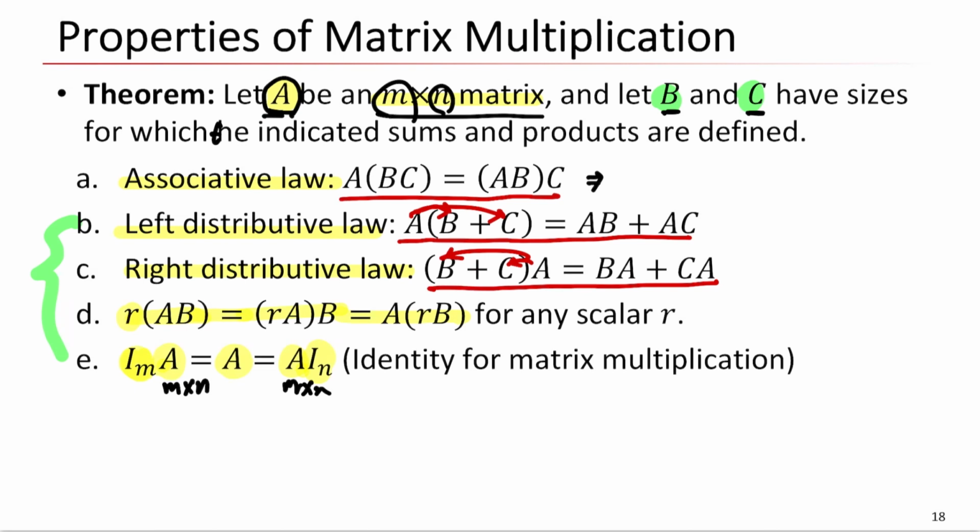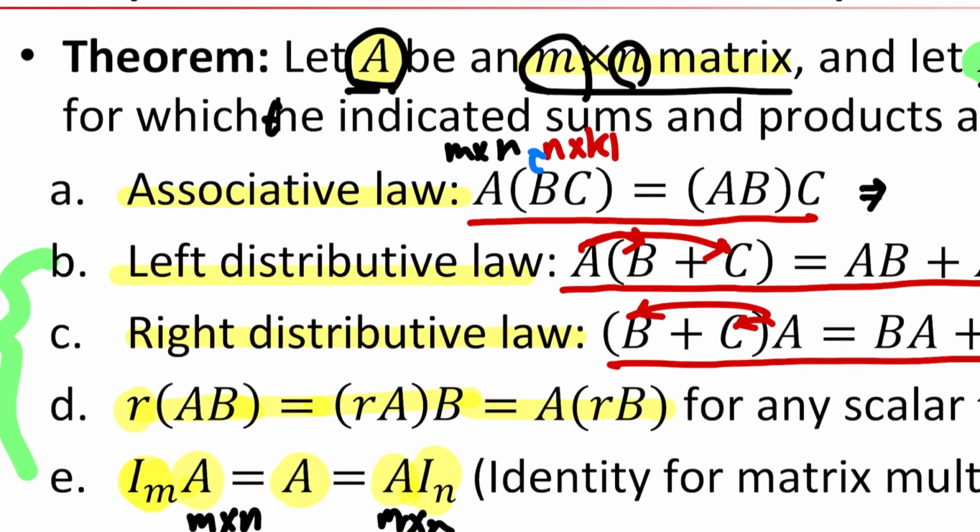For example, in here, because the size of matrix A is m by n, the size of matrix B should be n by an arbitrary number, let's say k1, right? And in this case, the size of matrix C should be k1 times k2, right?